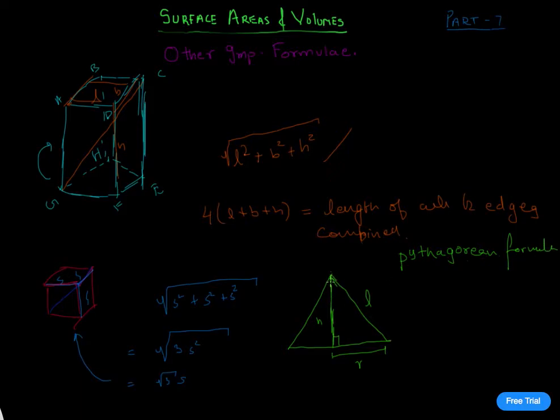What does it state? This side square plus this side square results in this side square.